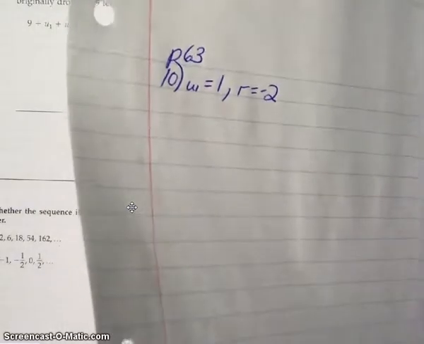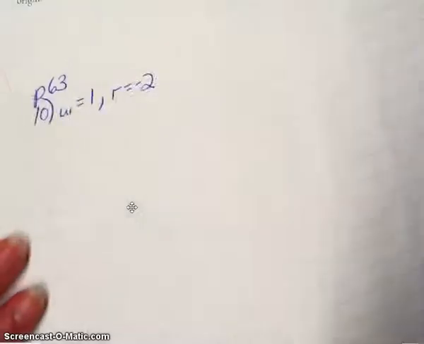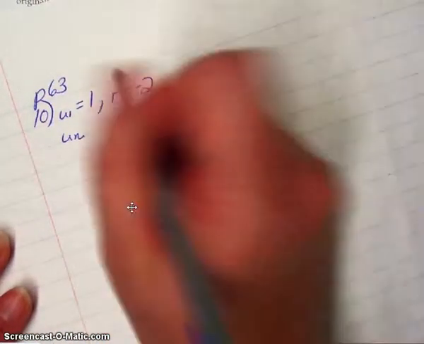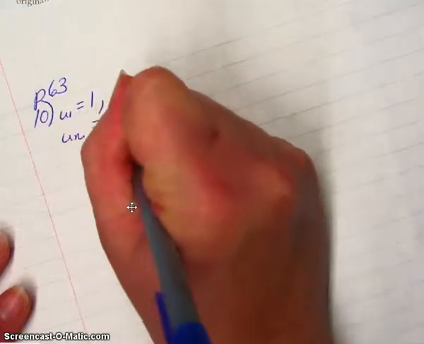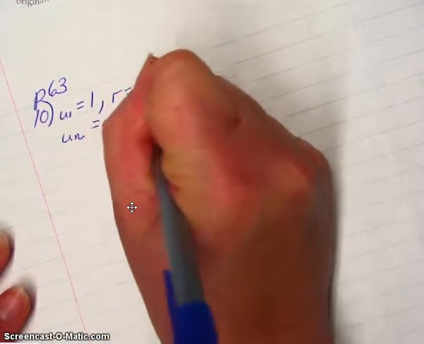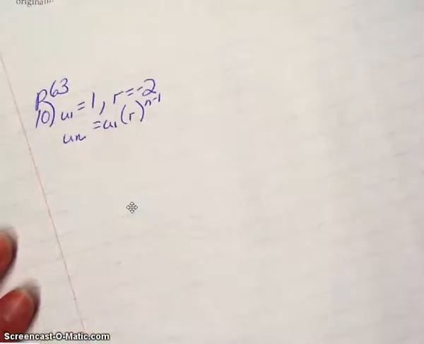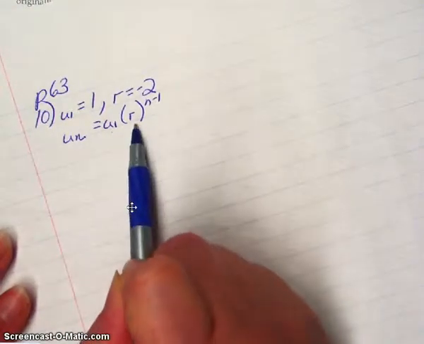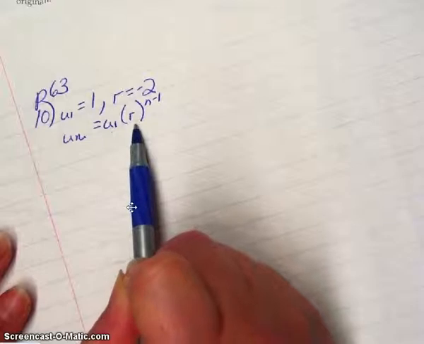All right. And first of all, we're asking for the 6th term. Well, here is the generic form for a geometric sequence. U sub n is equal to U sub 1 times the common ratio to the power of n minus 1. I'm given my U sub 1 and my r, and I'm being asked to find the 6th term.